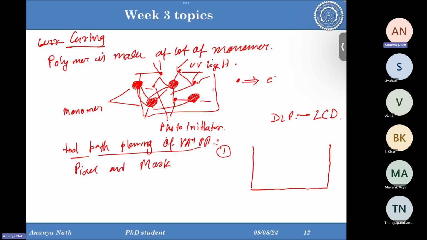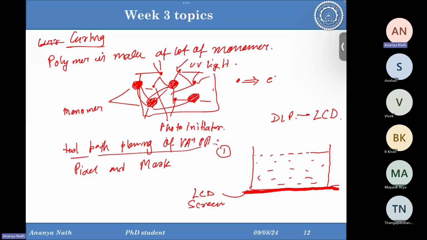LCD means the normal LCD, which is liquid crystal display. So there will be an LCD screen placed below the VAT. So this is an LCD screen, and this is the VAT full of resin.